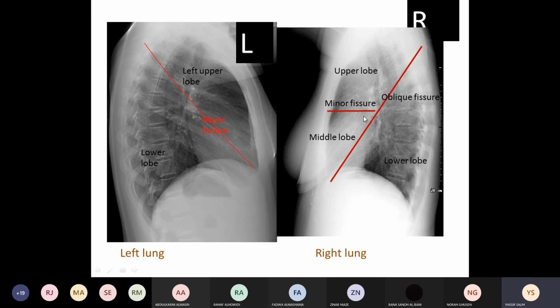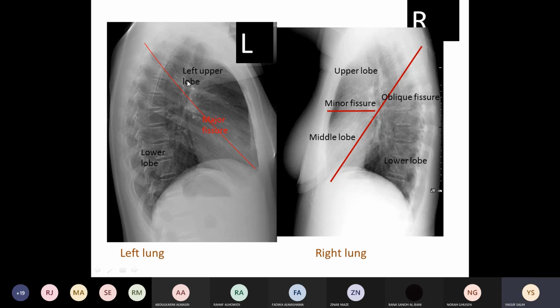The right middle lobe is located inferior to the horizontal fissure and also anterior to the oblique fissure. This is the area of the right middle lobe. So any lesion in this area, inferior to the minor or horizontal fissure and anterior to the oblique fissure, is in the right middle lobe.